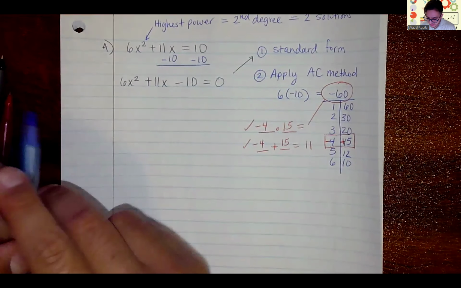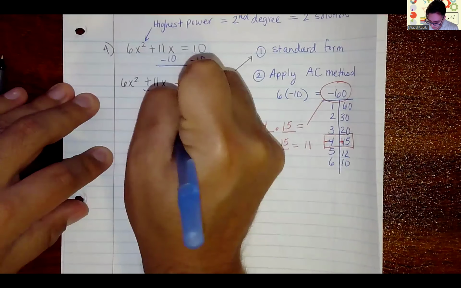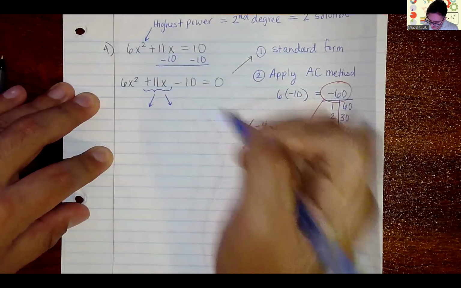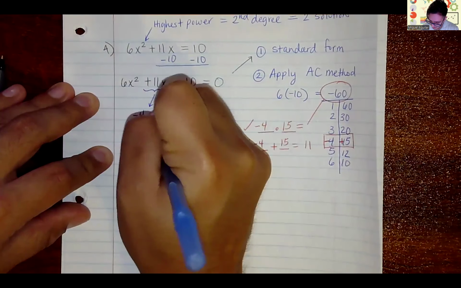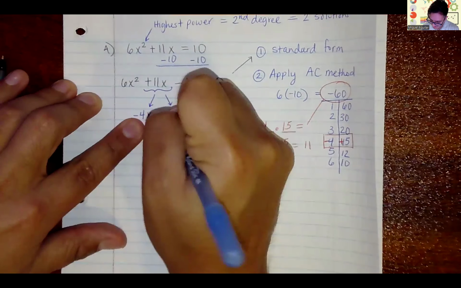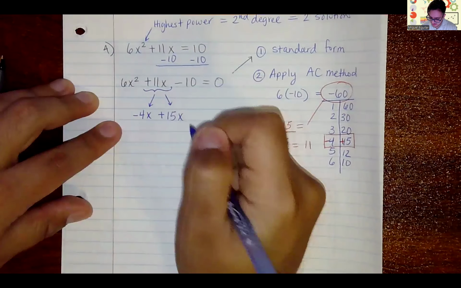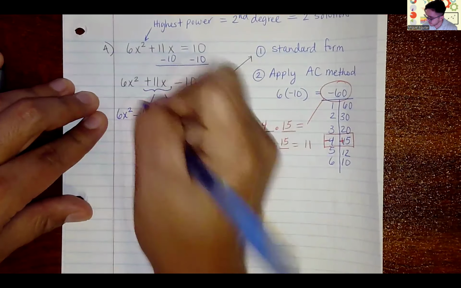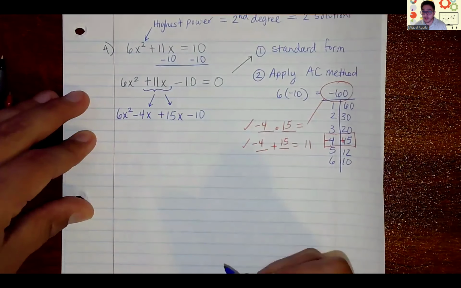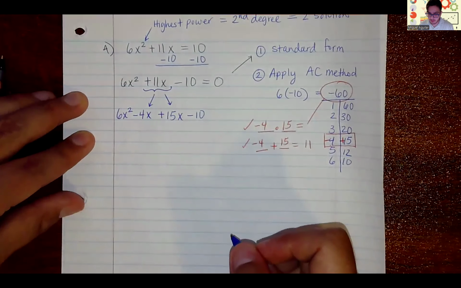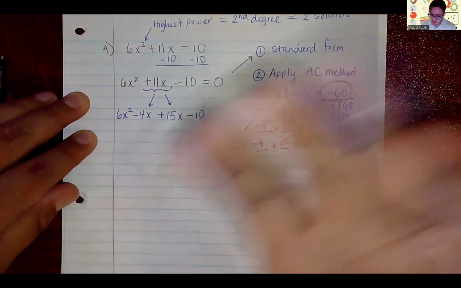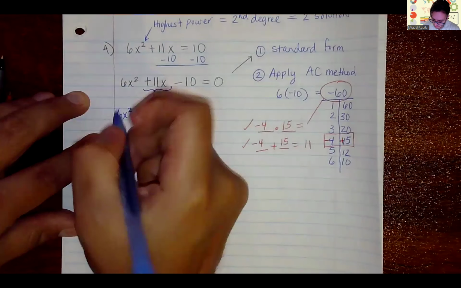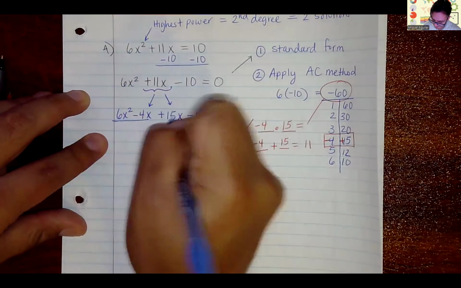But once we've gotten that correct, we'll break up the middle term so that we now have negative 4x and positive 15x. Then we can bring down the negative 10 and the 6x squared so that we have 4 terms in this polynomial. Okay. Now it's just downhill from there because we're using the factoring by grouping.